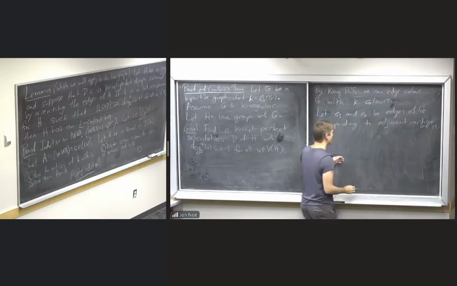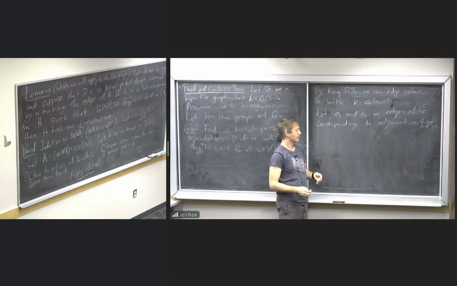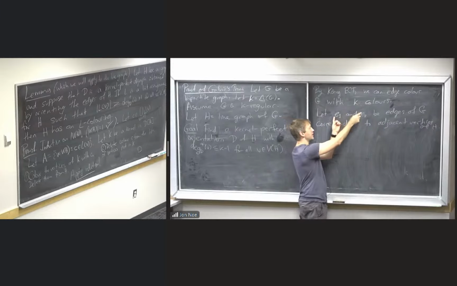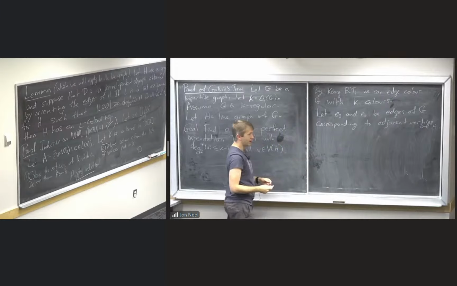Okay, all that means is that these are edges that have an endpoint in common, right? So I need to tell you how to orient, like should I orient the edge from E1 to E2 or E2 to E1 is what I need to describe.